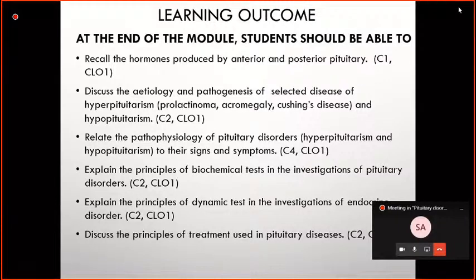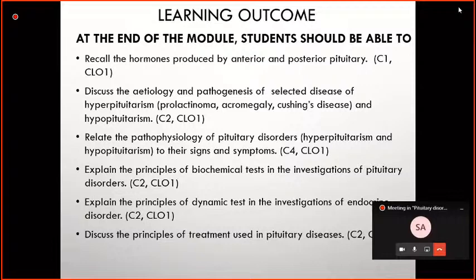Then we are going to look at the signs and symptoms. Of course, we have to relate its pathophysiology. We are also going to look at the biochemical tests in the investigations of endocrine disorders in general.